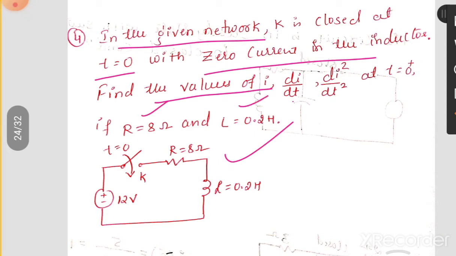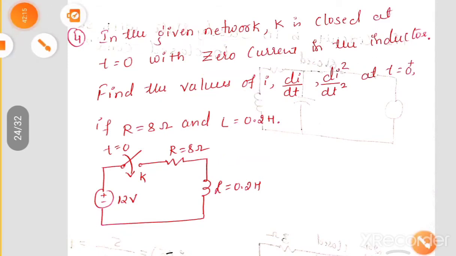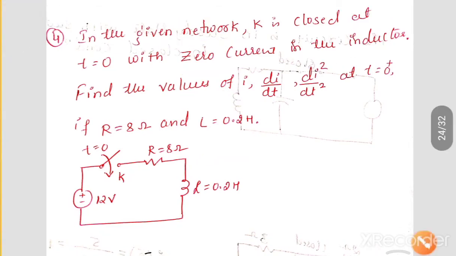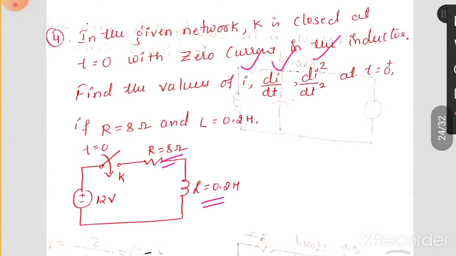R value and L value they have mentioned. In this network, we have R equal to 8 ohm and L equal to 0.2 Henry. The voltage source is 12 volt. We have to calculate i, di by dt, d square i by dt square.